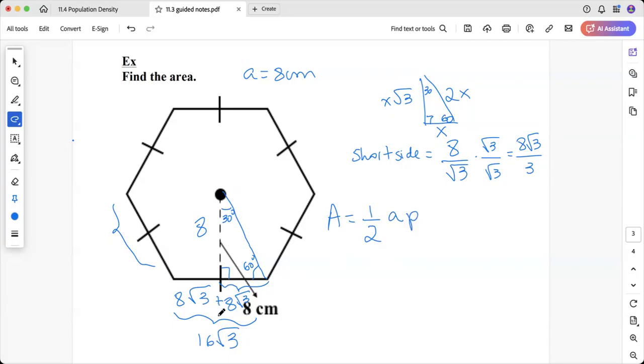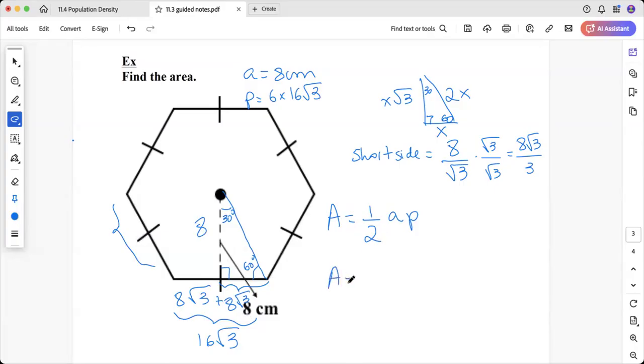The perimeter, I have 1, 2, 3, 4, 5, 6, so the perimeter equals 6 times 16 square root of 3. The apothem is 8.